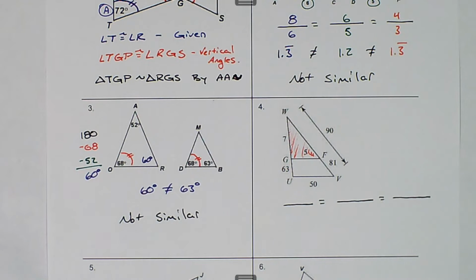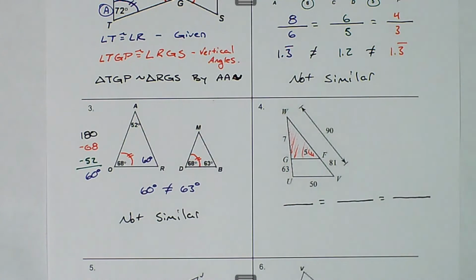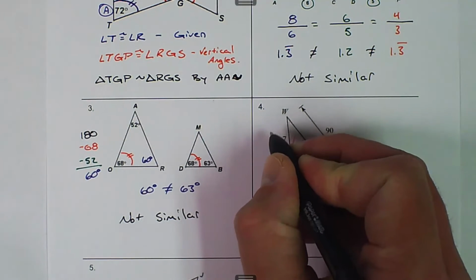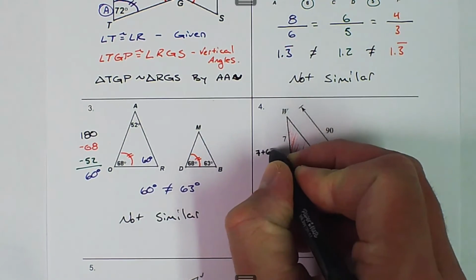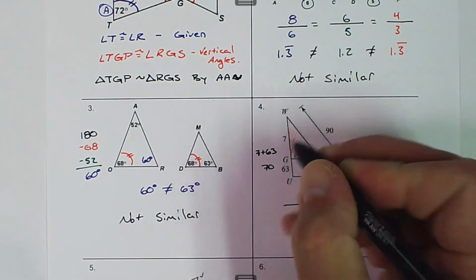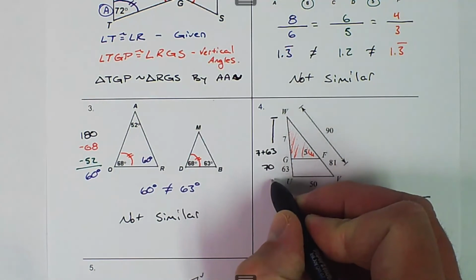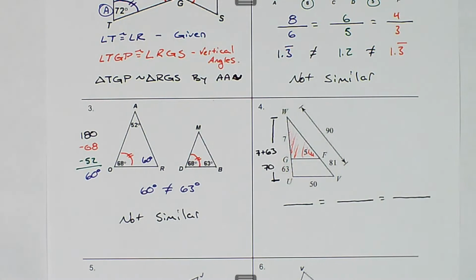So that means that the whole dimension for this left side here, or the full triangle, is going to be 7 plus 63, which is equal to 70. So 70 is the dimension there along that side.